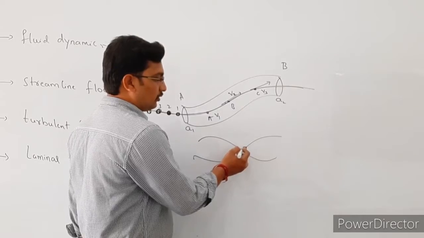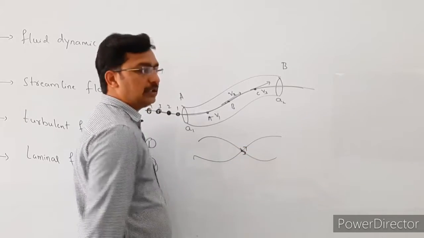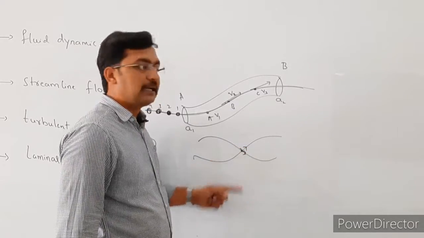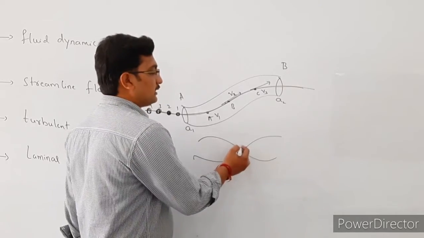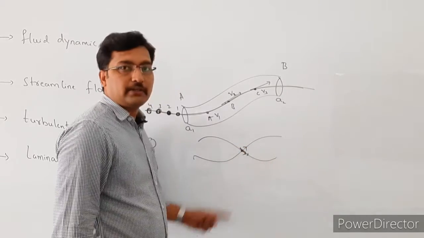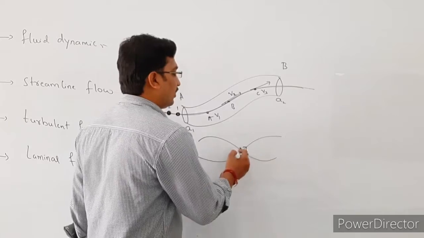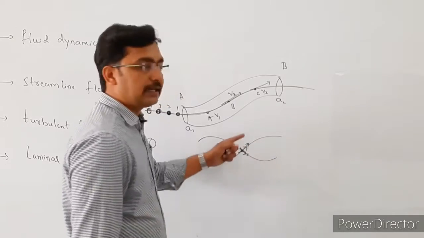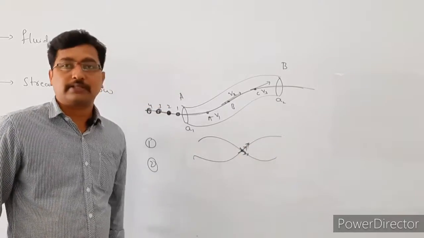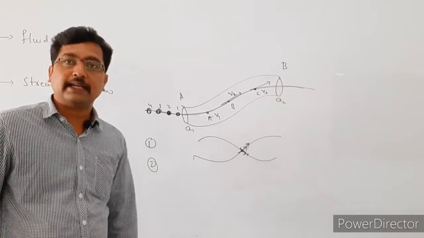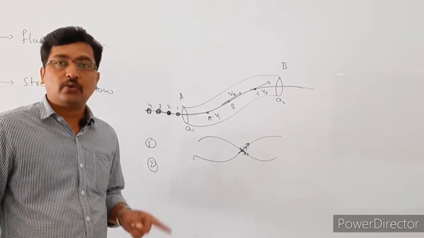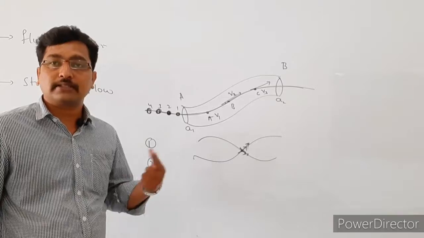If you want to find the velocity of the particle at this position, drawing the tangent for one line gives one direction, and drawing the tangent for the other line gives another direction. So it is not possible. The second characteristic is that no two streamlines can cross each other.